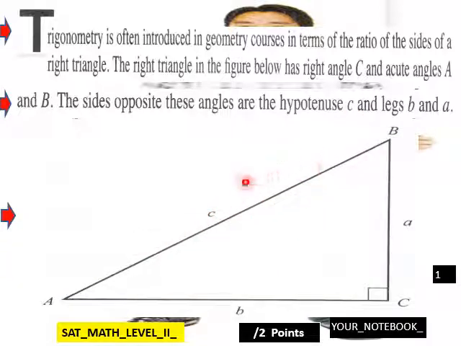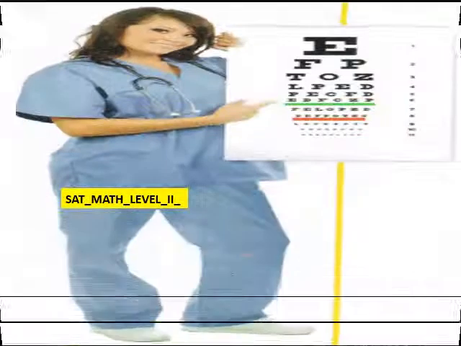Here's your right triangle, with right angle C, and acute angles A and B. Here's your hypotenuse, leg b, and leg a.